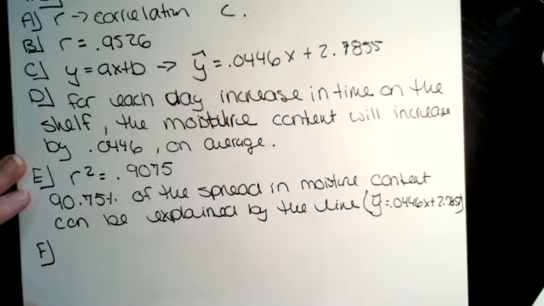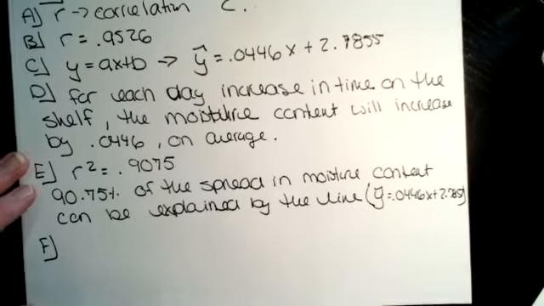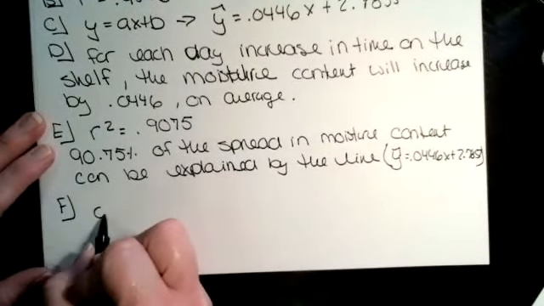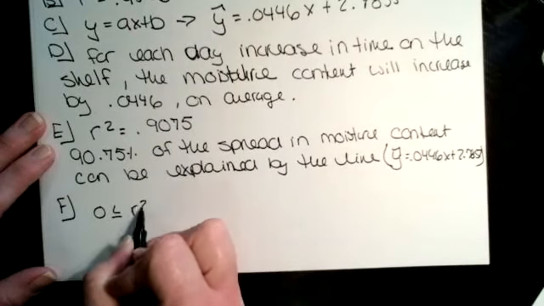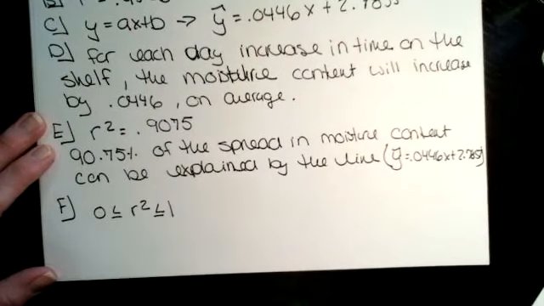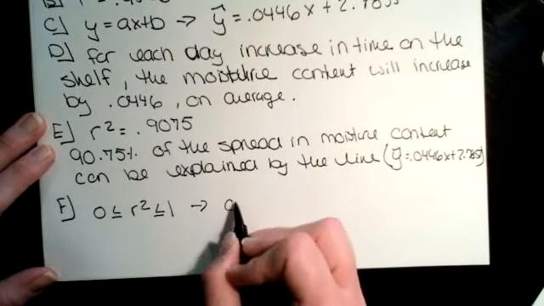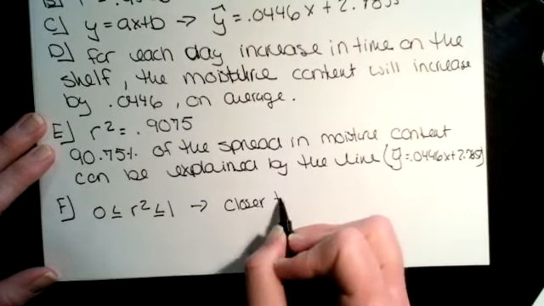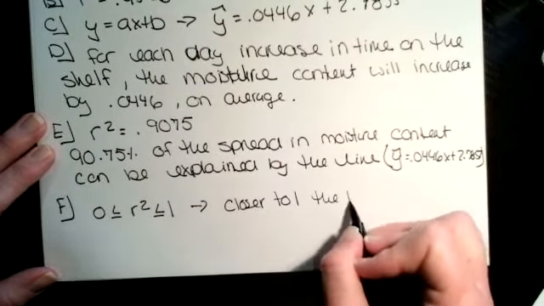F. So F here says a line with a good fit has a value of R squared close to what number? Well, I need to remember 0 is less than or equal to R squared, and R squared is less than or equal to 1. So the closer to 1, the better.